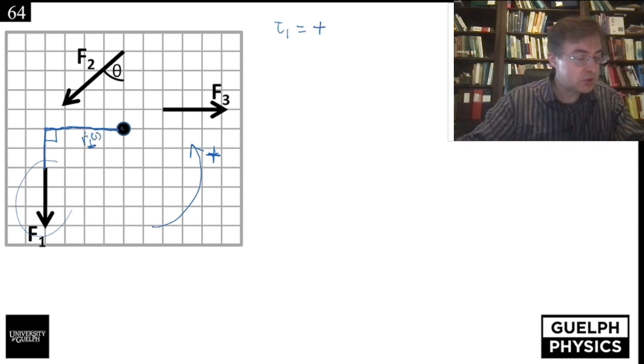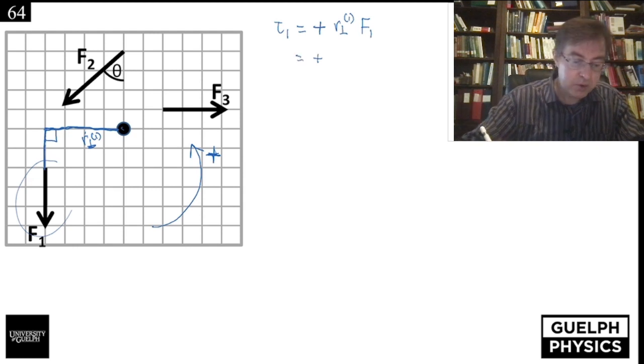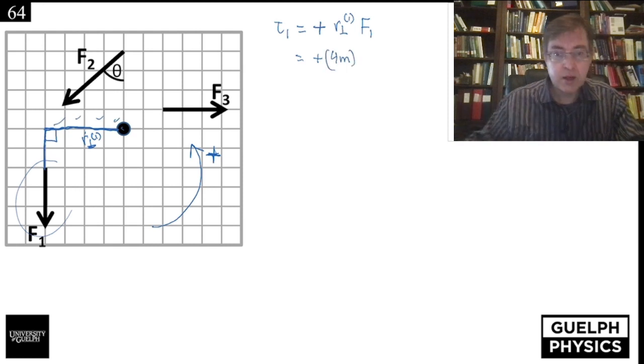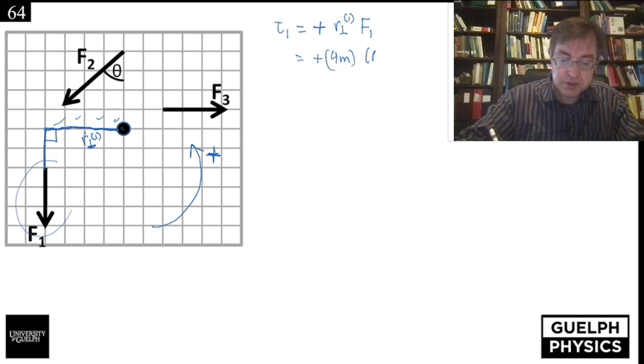Then I can use the formula that torque 1 is r perpendicular 1 times F1, the magnitude of F1, and that is just positive. R perpendicular 1, there's 1, 2, 3, 4 boxes, so that's 4 meters times F1, which the problem said was 6 newtons. That works out to 24 newton meters just from torque 1, and it's positive.